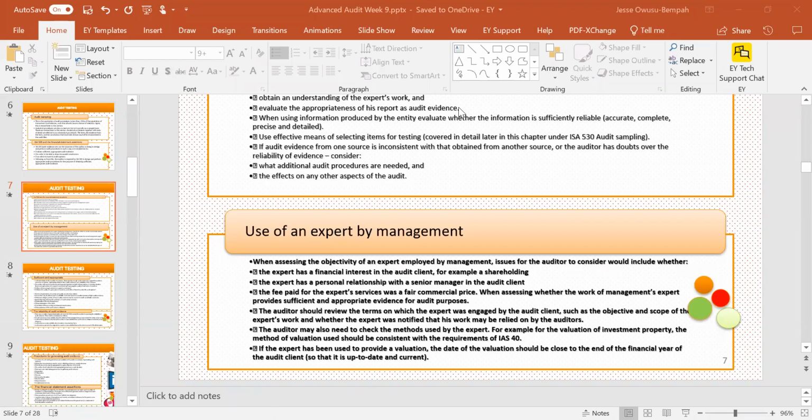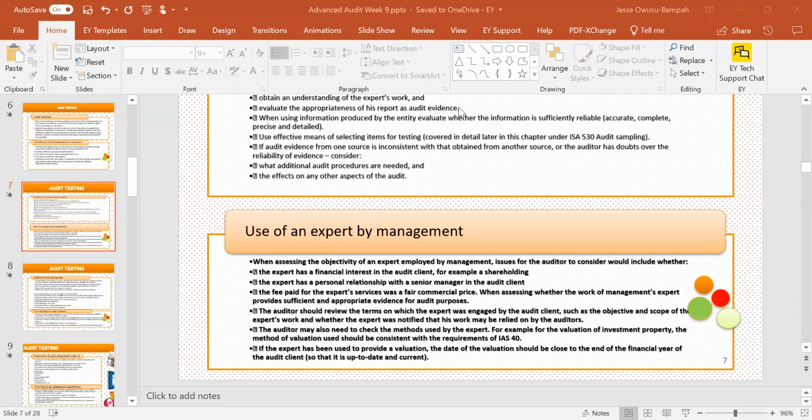If you remember your standards very well, IAS 40 relates to investment property. So for the valuation of investment property, the method of valuation should be consistent with the requirements of IAS 40. So the auditor will check that.